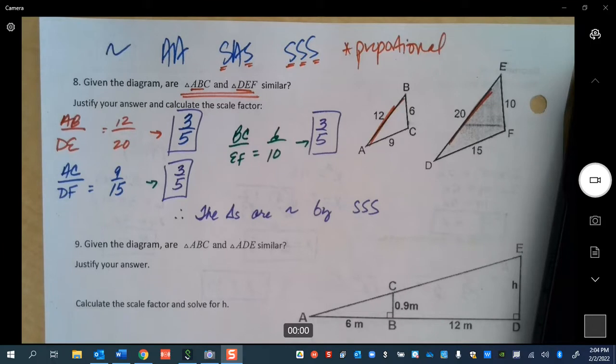That's okay, as long as you did it consistently each time. If you compared this to this, and this to this, and this to this, you would have gotten 5/3 for every single one of them. That's good. But make sure that you don't mess up your order, because you don't want to be looking at 5/3 and 3/5 and be like, nope, they don't match. You want to make sure you're consistent in the order that you compare things.